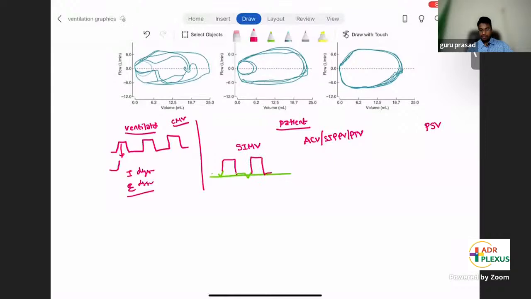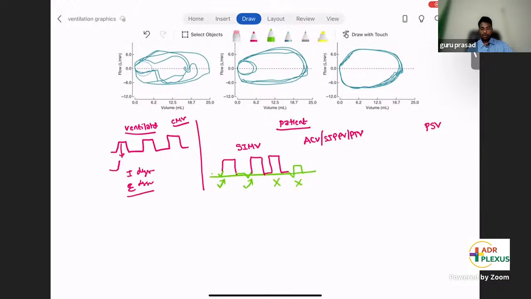Apart from that, intermittently, even when the patient is not breathing, sometimes the ventilator can give a breath, and some breaths of the patient may not be supported by the ventilator also. So if you see here, the ventilator has supported, here it has supported, here it has not supported, here it has not taken the patient's synchronization.